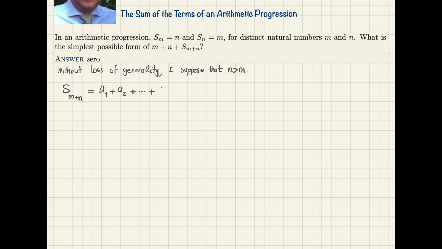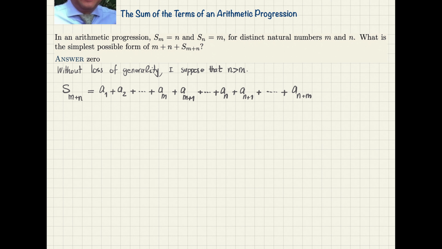At some point you reach the mth term, but because we are assuming that m is smaller than n, first you reach the mth term, and then if you continue, you go to the next term, which is the m plus first term, and then you continue. At some point you reach the nth term, and then you continue. The next term is n plus 1, and then finally you continue until you reach n plus m. Yes, and this is the sum. This is the meaning of this symbol.